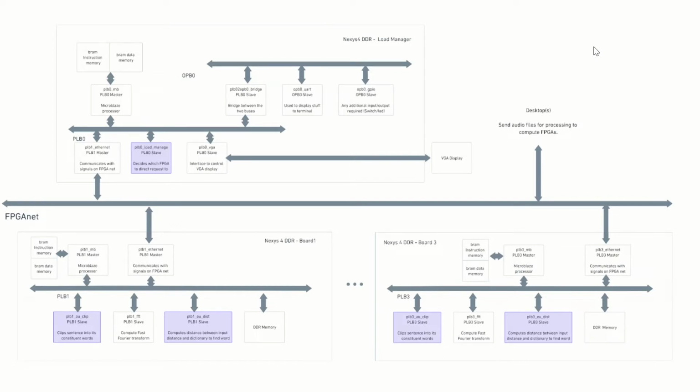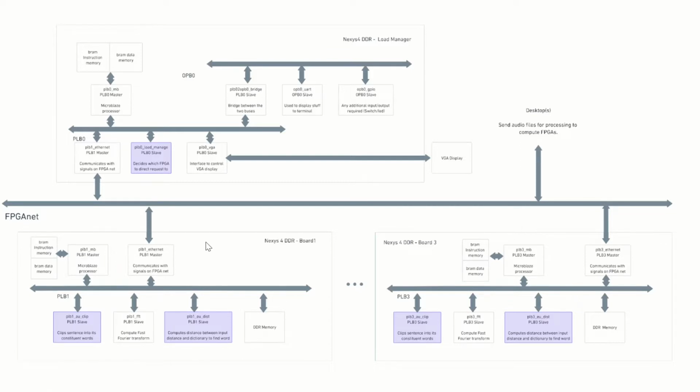Now I would like to walk you through our architecture. We have several desktops that will be sending speech recognition requests to Load Manager. Simply put, they will be passing in a request. The Load Manager, in a round-robin fashion, assigns each desktop to a compute FPGA.